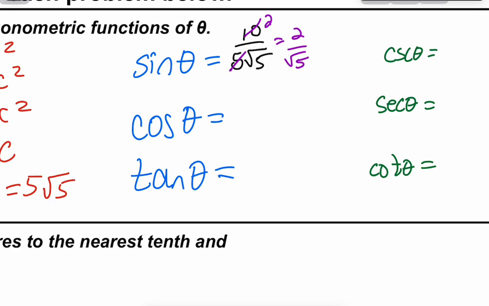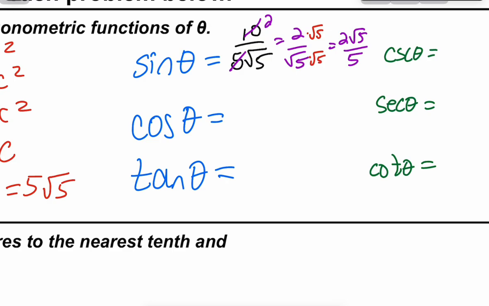How do you rationalize? Just multiply the same radical on top and bottom. What happens is it pops the radical to the top and leaves a normal 5 behind. So rationalize your final answer, reduce your final answer.